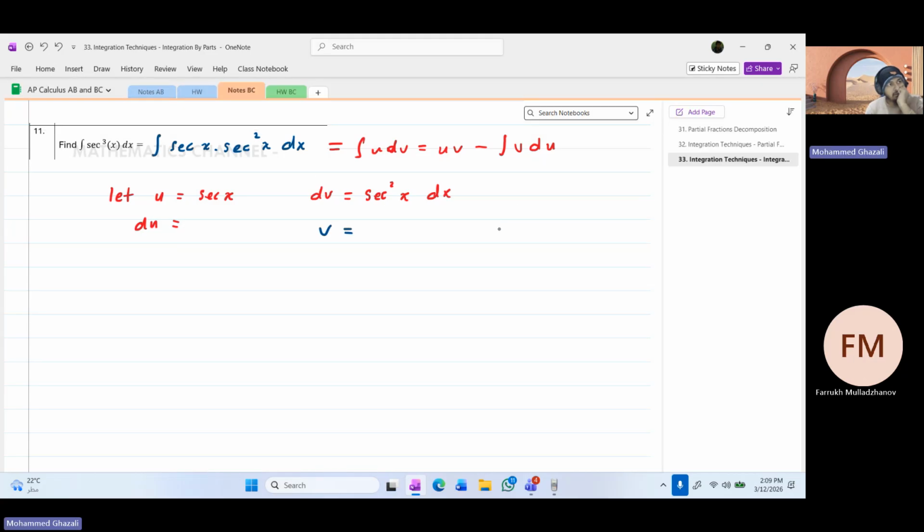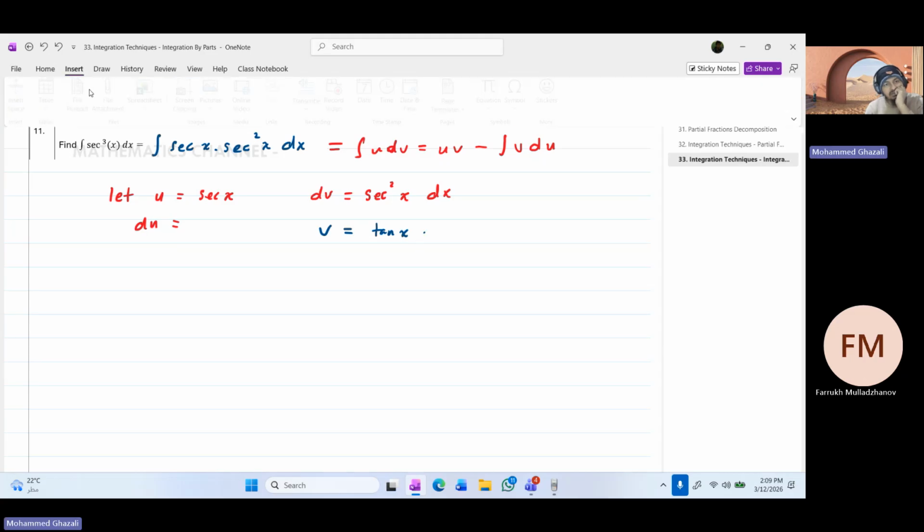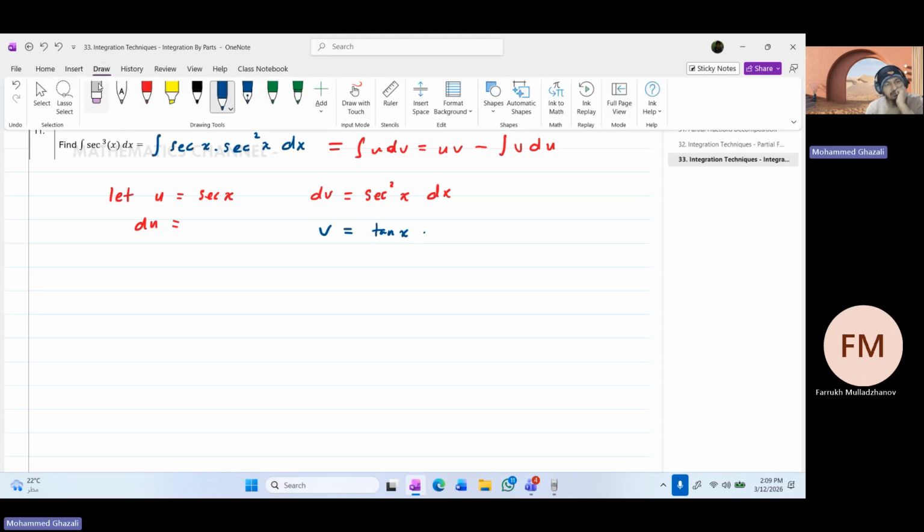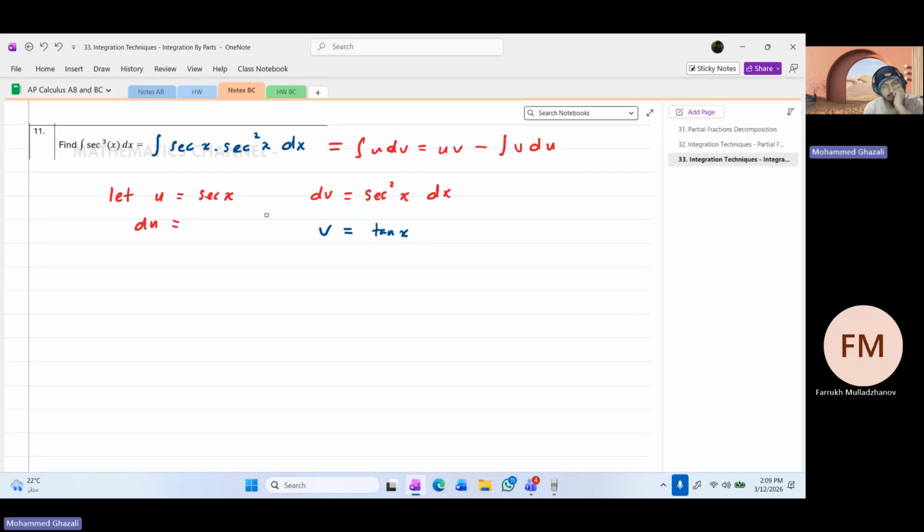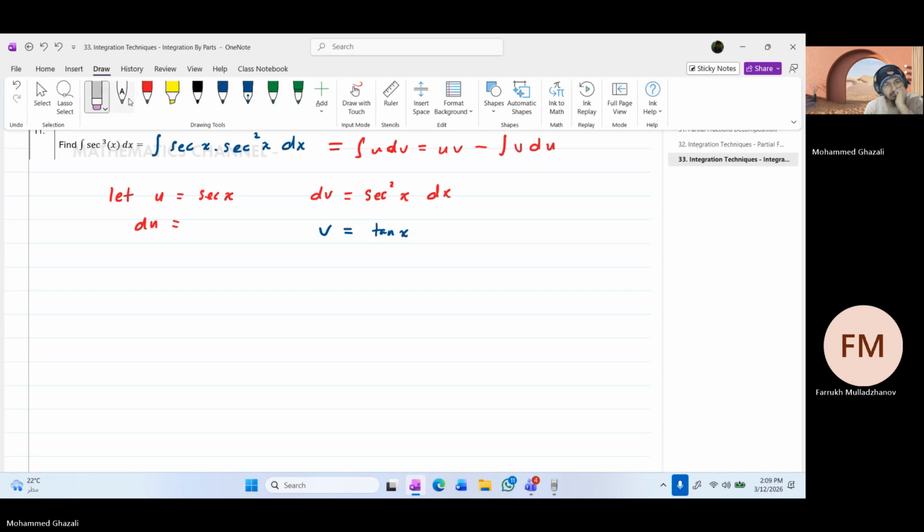Okay, so v is now equal to, what's the integral of sec squared? You're going to get tan x, right? Because the derivative of tan is sec squared. But the derivative of sec is sec tan.